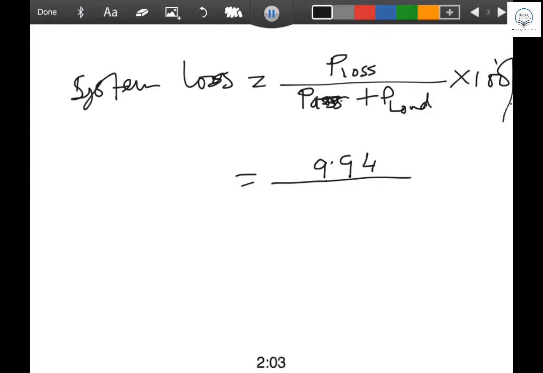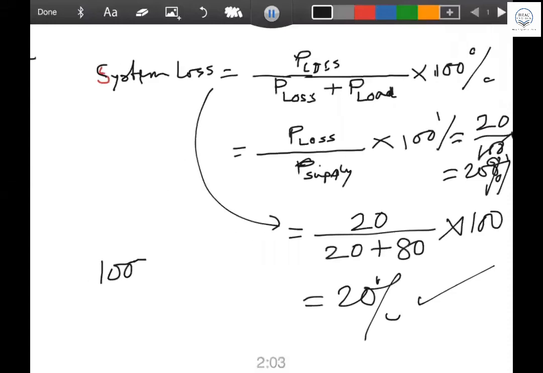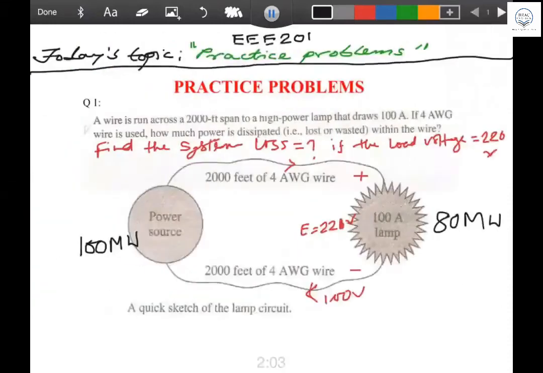Is it correct? Yes, sir. Okay, good. Now P loss here also will be 9.94, plus the thing we need to find, P load. If we can find P load, then we can find the system loss. Let's go to the P load calculation. That is our main thing. So what will P load be here?